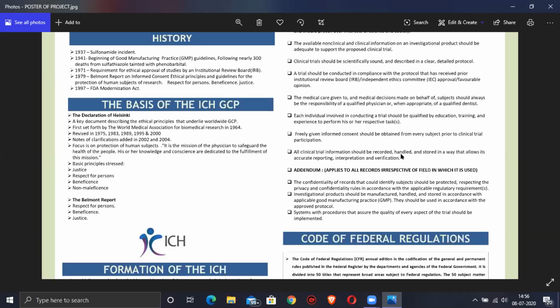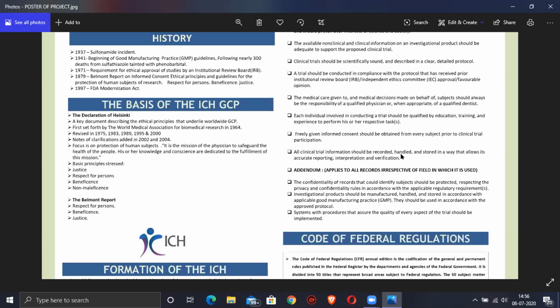The second addendum is in point number 13, the last principle. This principle is about quality assurance. The original guideline says systems with procedures that assure the quality of every aspect of the trial should be implemented.